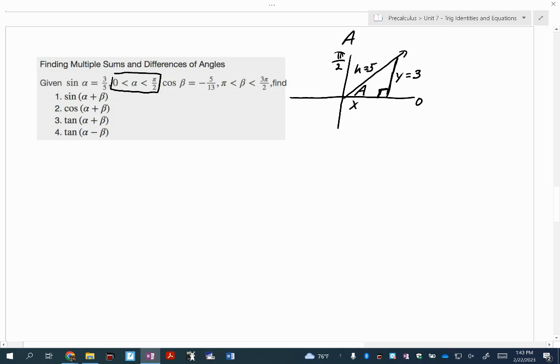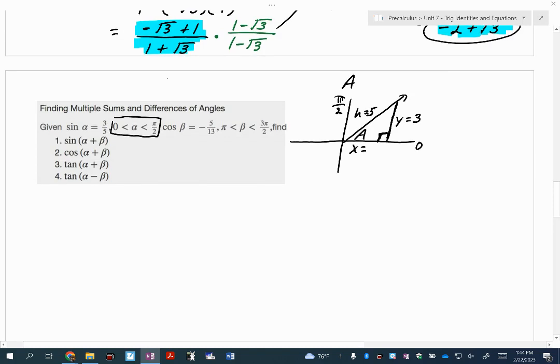I can find my x value, knowing my Pythagorean theorem. Now, if you needed to do the work, 3 squared plus x squared equals 5 squared, you totally could. But this is a special one that hopefully you have memorized from geometry. This is called a 3, 4, 5 right triangle. That's how it always is. If one of your legs is 3 and your hypotenuse is 5, the other leg has to be 4.